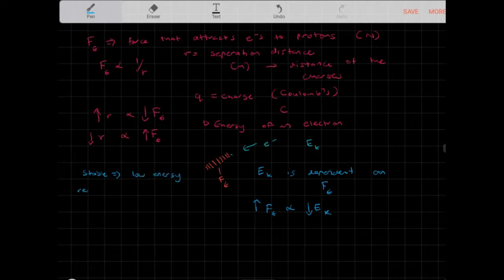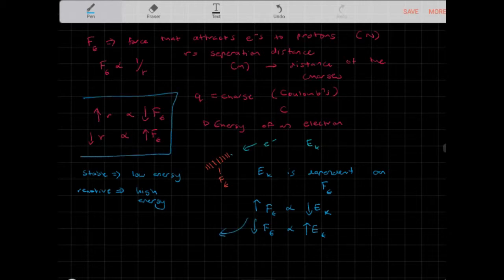Reactive means high energy. Okay? So as the force of attraction increases, the kinetic energy decreases, and as the force of attraction decreases, the kinetic energy increases.